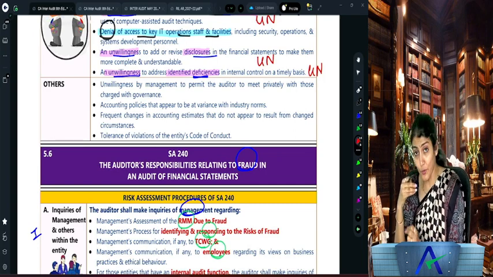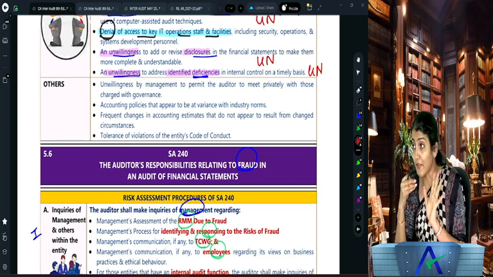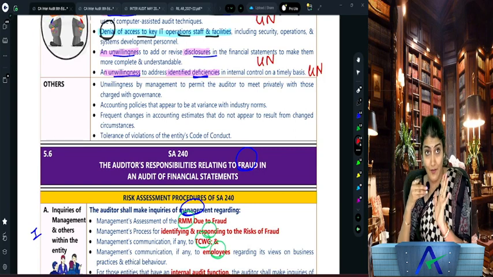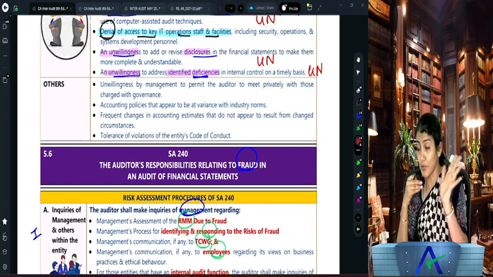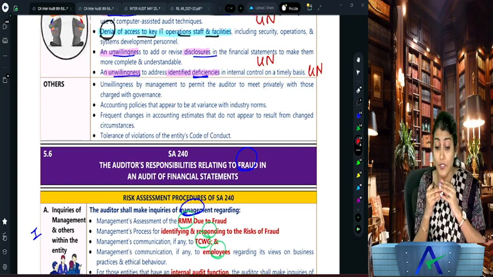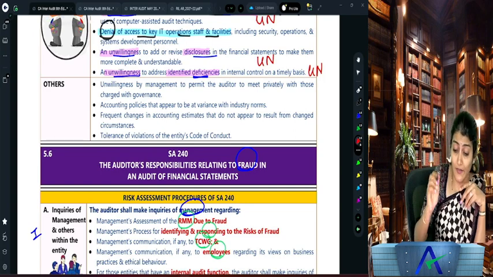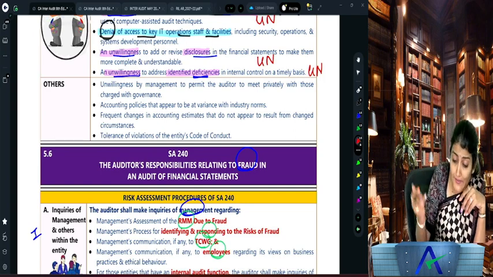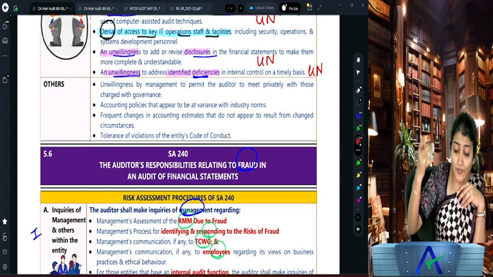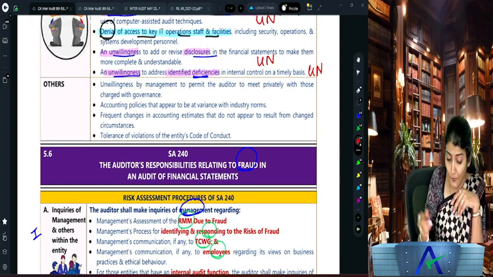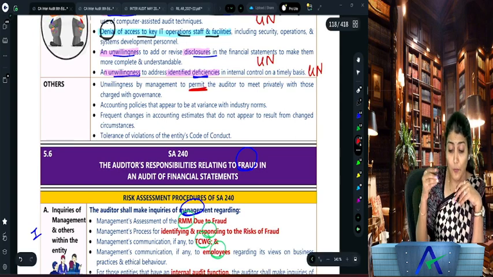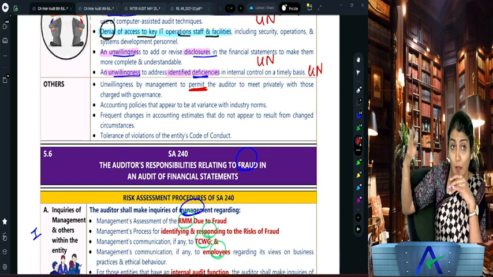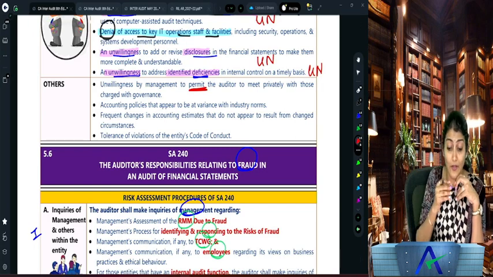So management says, no, I will also come with you. You should not meet TCWG in my absence. You know what they are telling the auditor? You should not meet the TCWG in my absence. So unwillingness by management to permit the auditor to meet privately with the TCWG. Right? So they are not permitting the auditor to meet the TCWGs without their presence. Okay. Then what does it say?